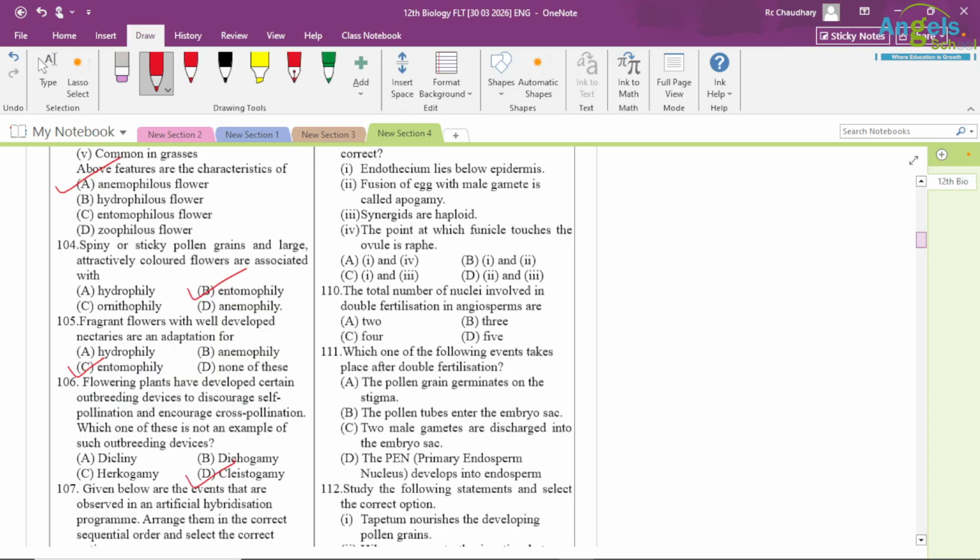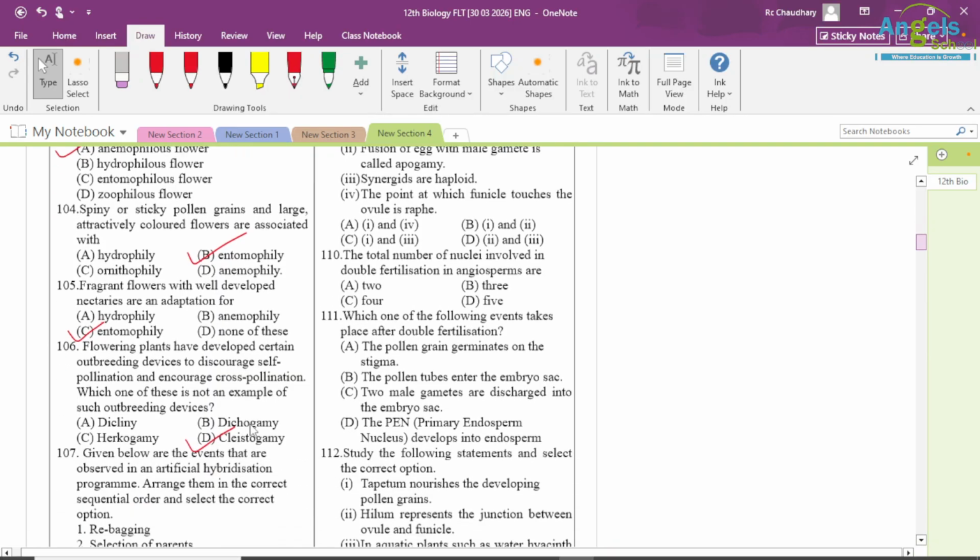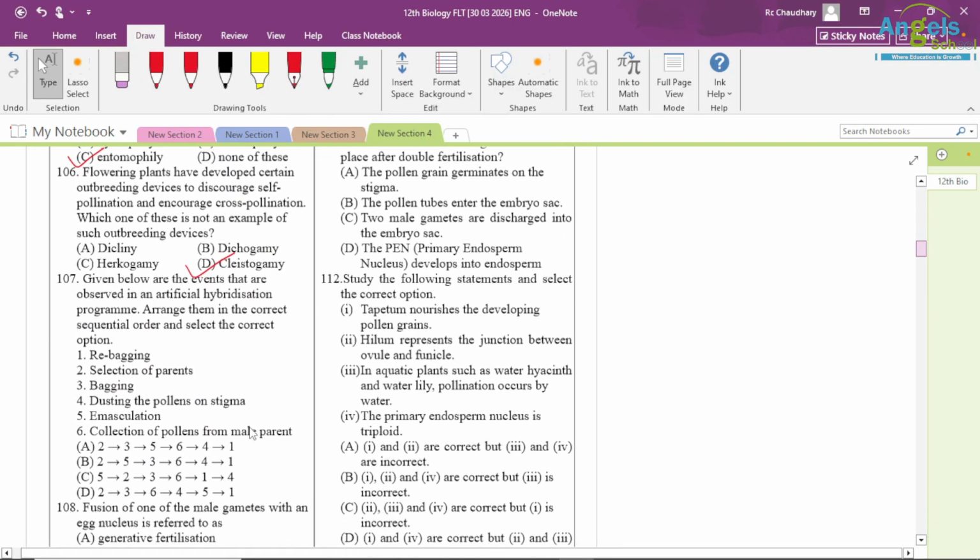Question number 107. Given below are the events that are observed in an artificial hybridization program. Arrange them in the correct sequential order and choose the correct option. Rebagging, process of selection of parent, bagging, dusting of pollen grains on a stigma, emasculation and collection of pollen grains from the male parent.